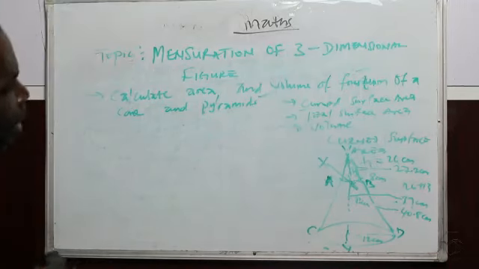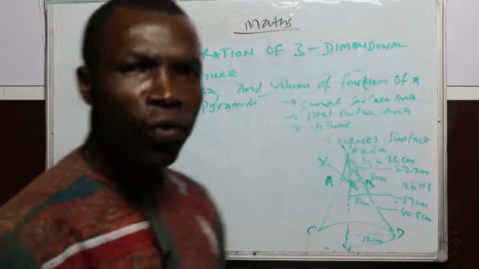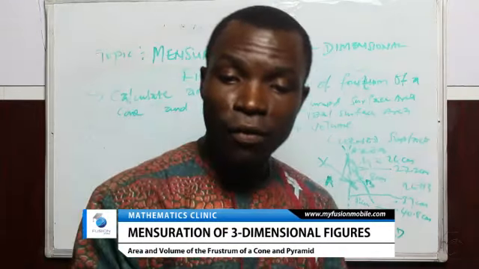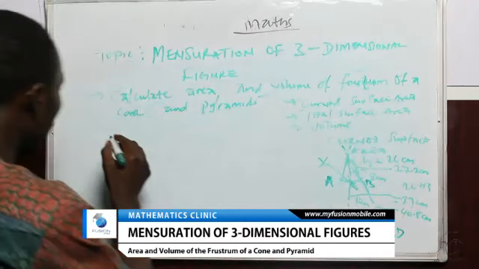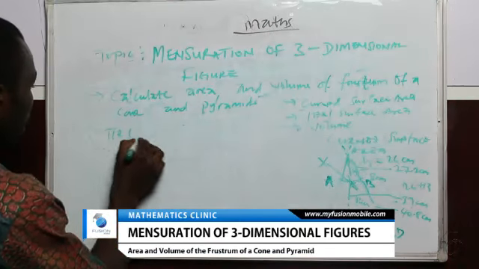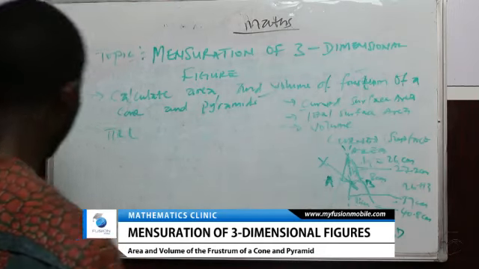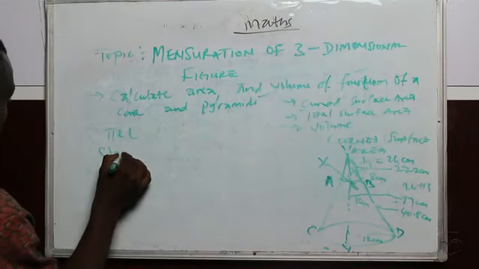Now, the curved surface area of a frustum is measured using a formula called pi RL. That L means what? Slant height.